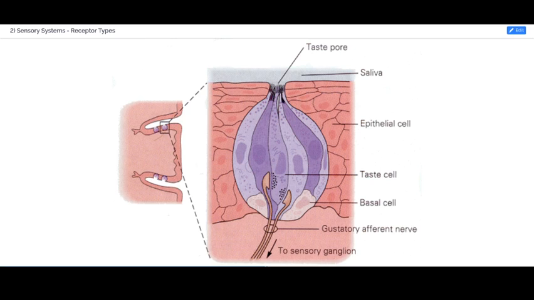So while the gustatory afferent nerve is not indicated here, it's either from nerve 7 or 9. The sensory ganglion that's indicated with the arrow there is going to be the ganglia associated with either of those nerves for the sense of taste.